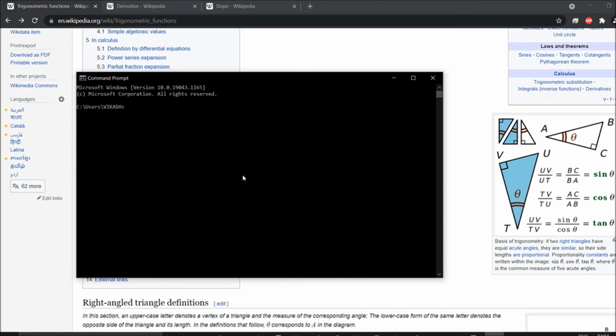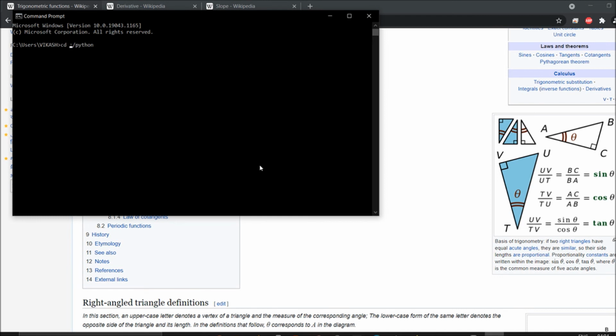Direct yourself to your Python wherever it is available and say pip install SymPy. This is required, and I have already done the installation.